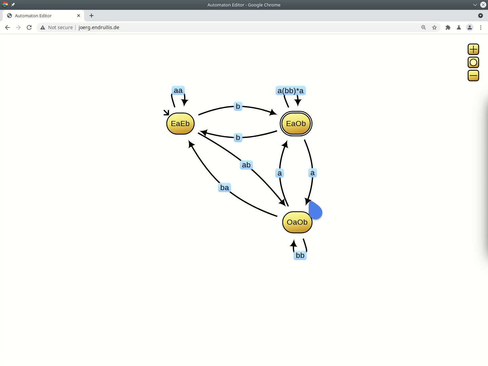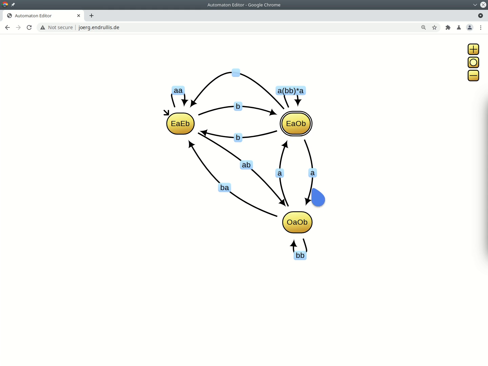Now we again have an incoming A arrow and an outgoing BA arrow. So the source of the A arrow is this state, the target of the BA arrow is this state. So we have to add a new transition from this to this state. Let's put this somewhere here. What should be the label of this transition?